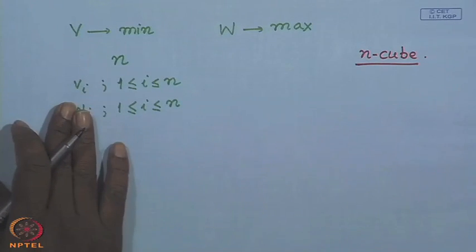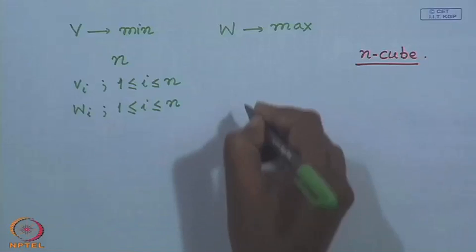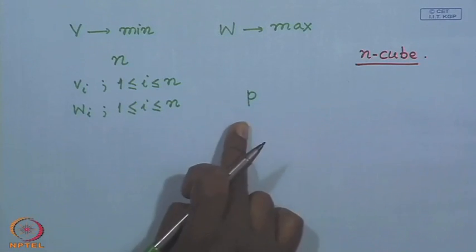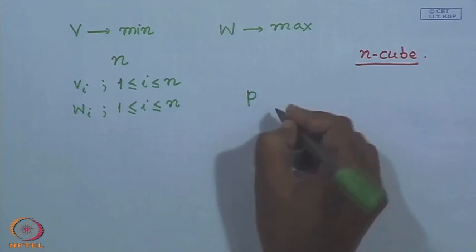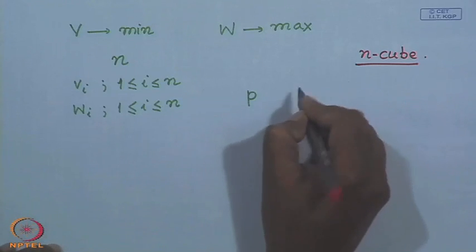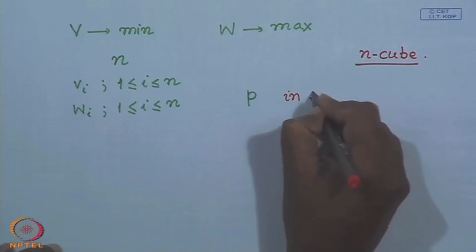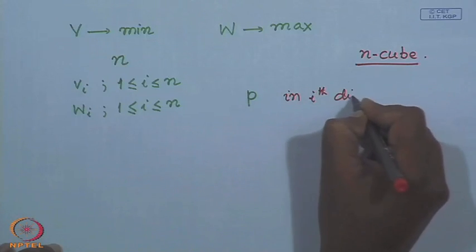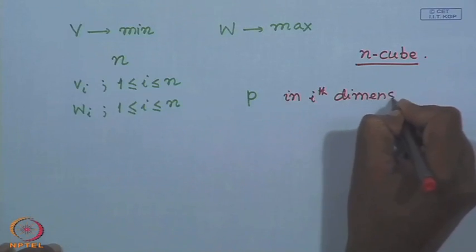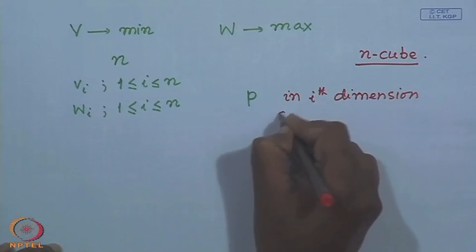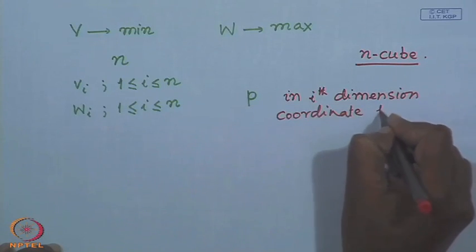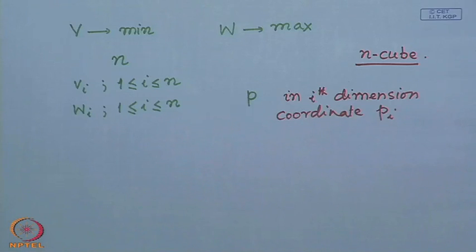Once I have defined my mean point and max point, now suppose I have a point P. In the ith dimension, or ith direction, the coordinate of this point P is P_i.